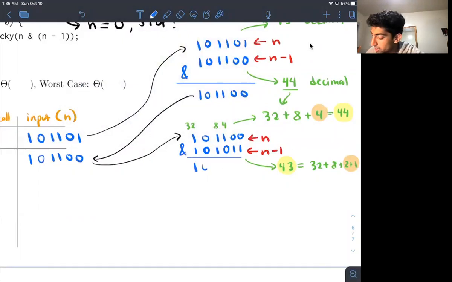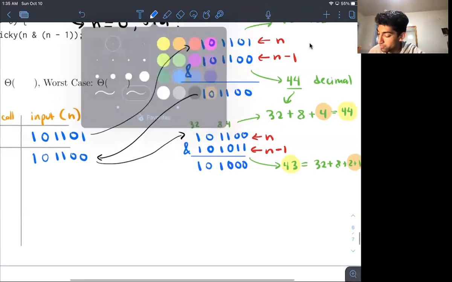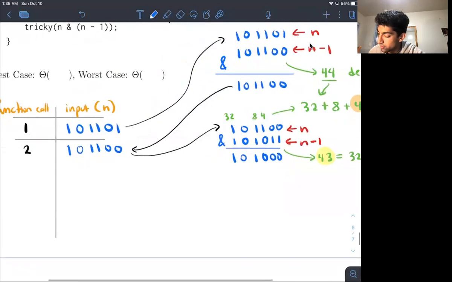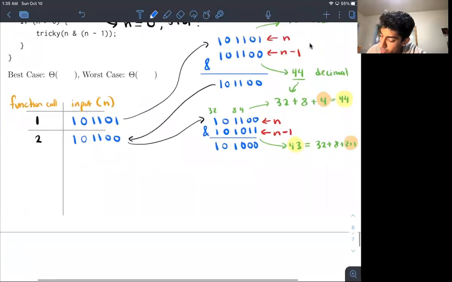So when I do this AND, I'm going to see that these ones stay, but if we're looking at all of these remaining bits, they're flipped above, so we put zeros here. Okay, so now we can fill in our table. So in our table, we'll say 1, 0.